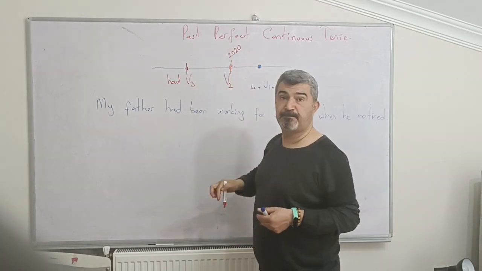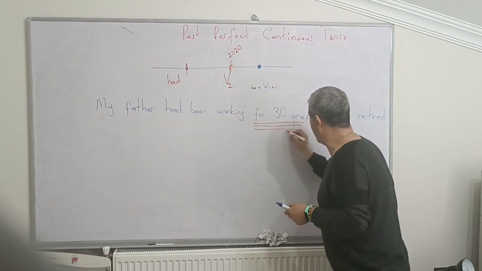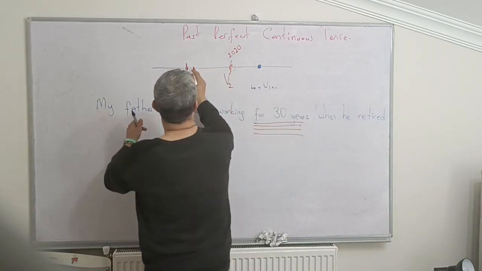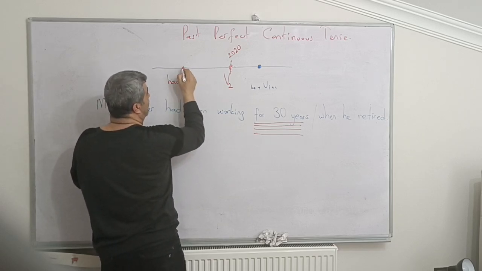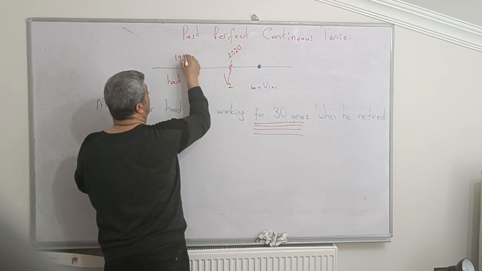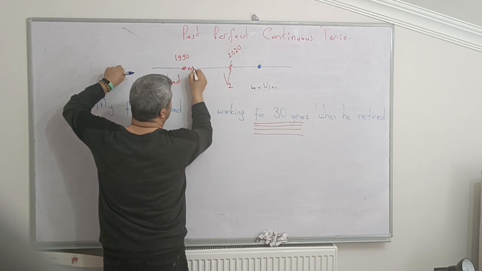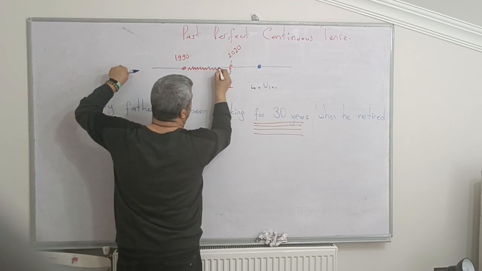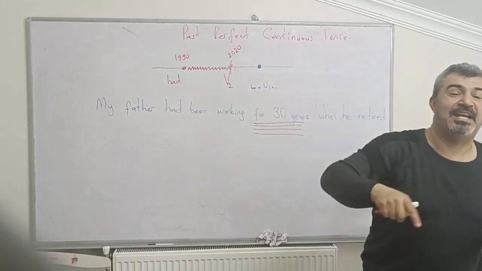But if the period is important, let's say my father started working here, 30 years before, in 1990. My father started in 1990 and the period is going on until the second past action.